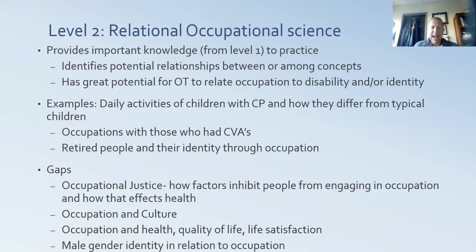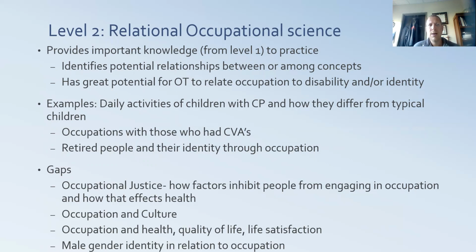Okay, so gaps with level 2, we're noticing when we start covering the topic of occupational justice. Just in a nutshell, occupational justice is the concept that everybody has the right to engage in meaningful occupation. But there are barriers sometimes that prevent people from engaging in meaningful occupation. And that's an injustice.